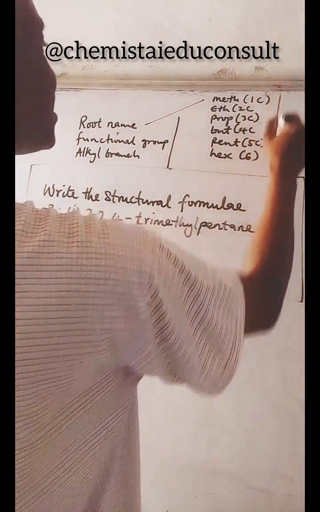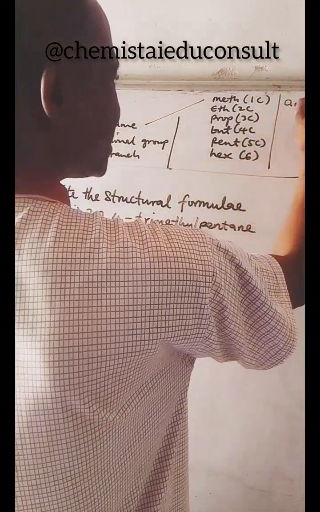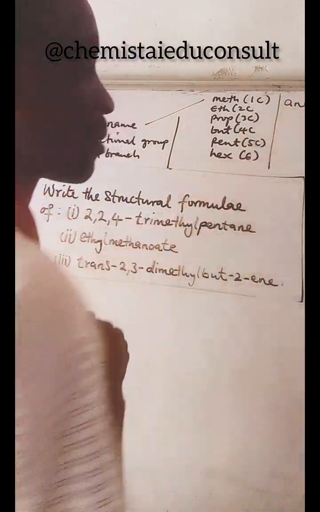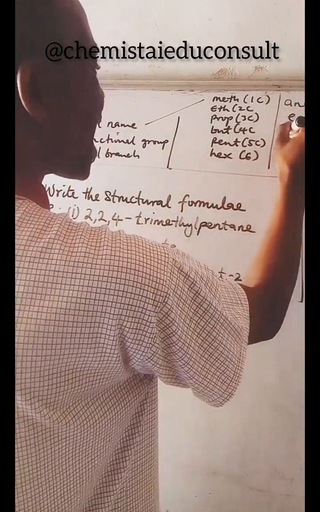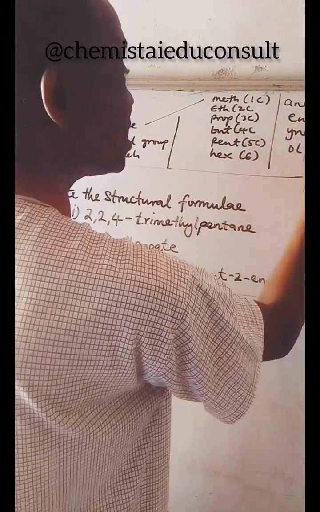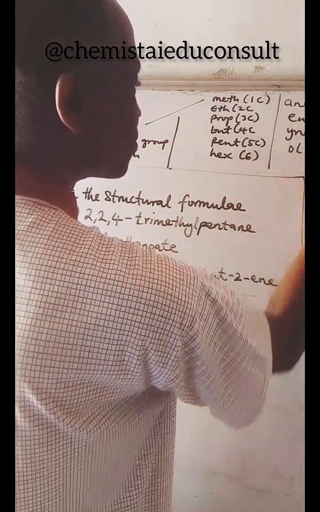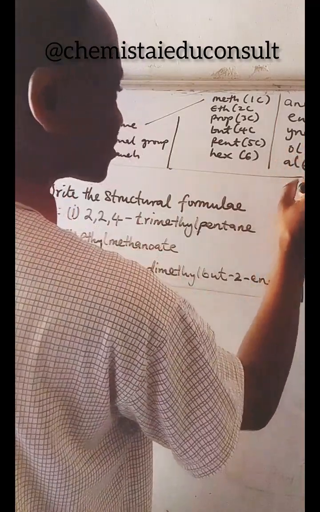Now, these can have a suffix like ane, meaning single bonds between carbon atoms. Ene, meaning double bonds. Yne, meaning triple bonds. Ol, meaning OH group. Al, meaning CHO group.